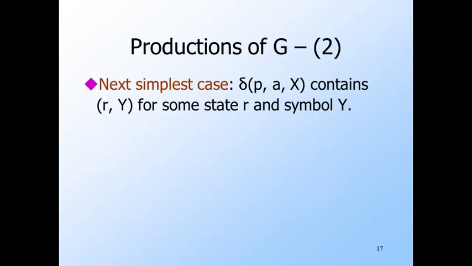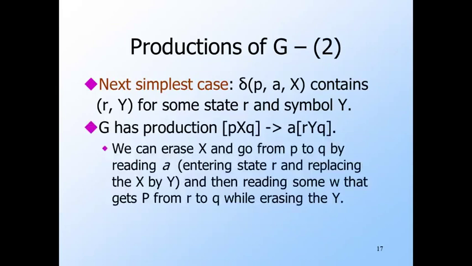The next simplest case is when a move replaces X by a string of length 1, say Y. Suppose that move also changes the state to R. Then there is a production [PXQ] goes to A [RYQ]. That is, one way to pop X while going from state P to state Q is to read input A, going to state R and replacing the X by Y at the top of the stack.